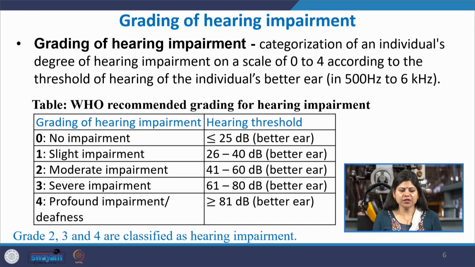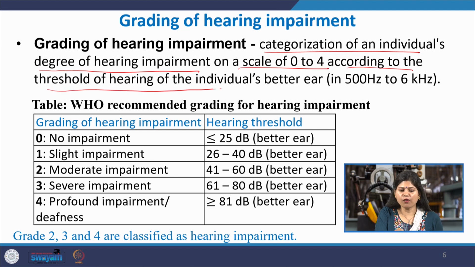So, the first one is the grading of hearing impairment. It is the categorization of an individual's degree of hearing impairment on a scale of 0 to 4, according to the threshold of hearing of that individual's better ear in the more sensitive zone, which is 500 Hz to 6 kHz.